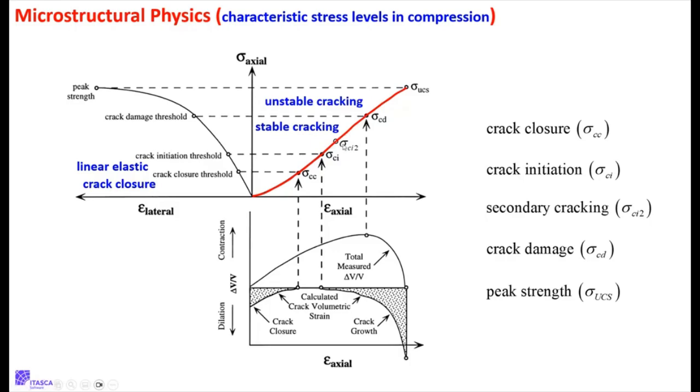And if you do really careful testing, you can pull out this point, and in a granite, this is where you actually start to get breakages of grains. They call that secondary cracking. Because what happens in a granite, you start to load it, the gaps start to close. You continue to load it.